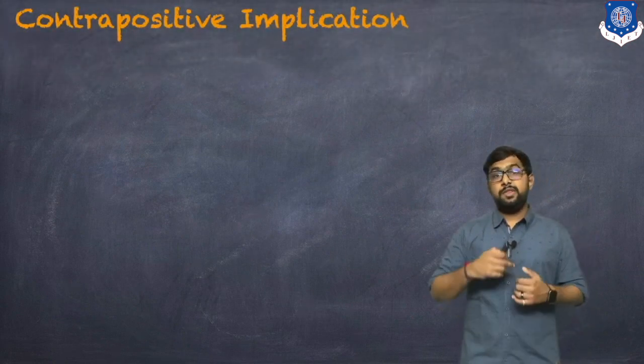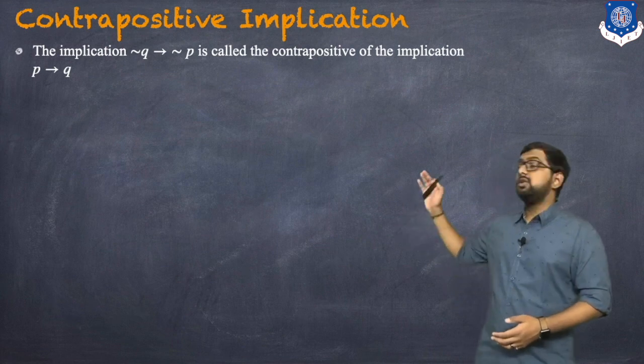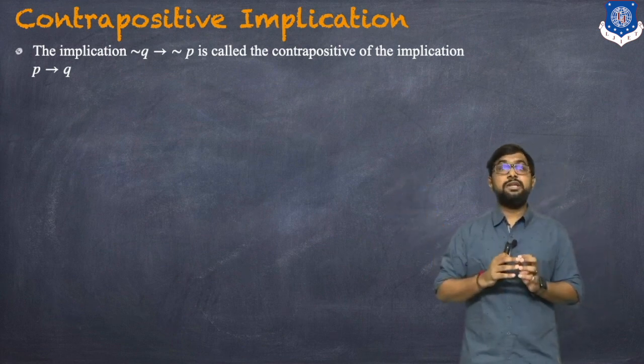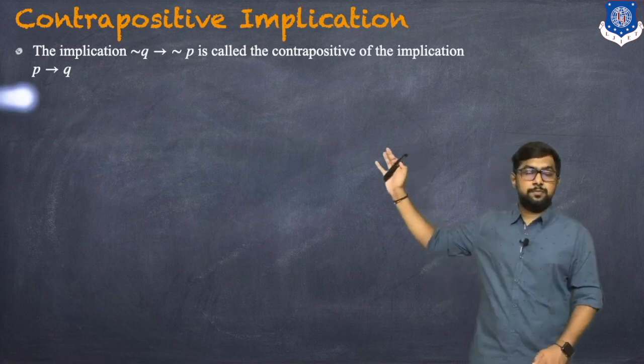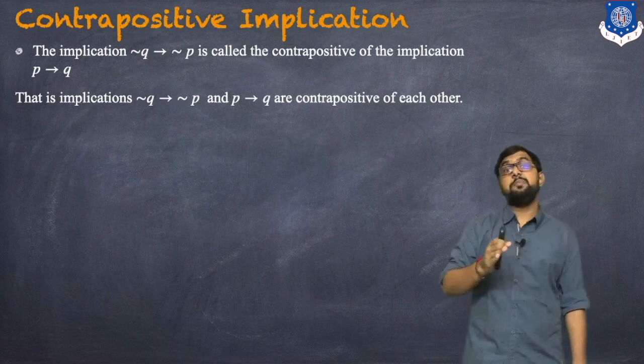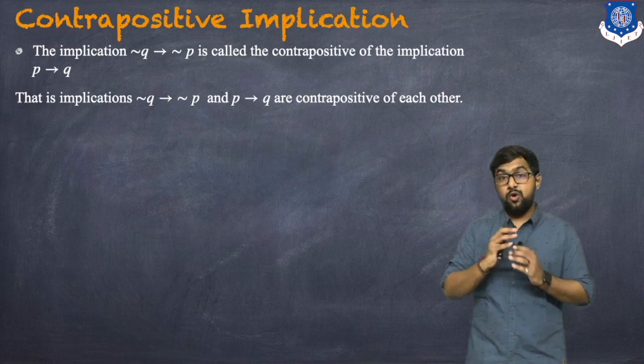Now what will be the contrapositive implication? The implication not Q implies not P is called the contrapositive of the implication P implies Q. So this implication not Q implies not P and this P implies Q are contrapositive of each other.